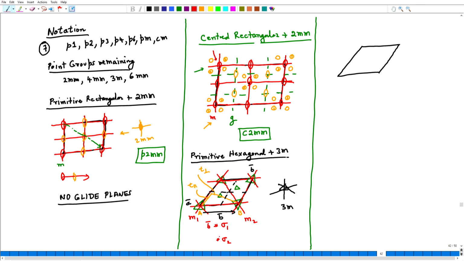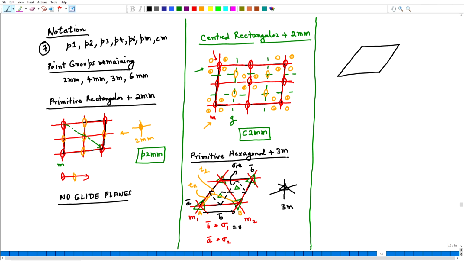followed by, and this time we will take the translation A. Now, I leave this to you to figure out, but this would give me a glide plane out here, and through symmetry itself, there would be a glide plane as well here. So, let me just reiterate that this particular mirror, we can call it sigma 1 tau.